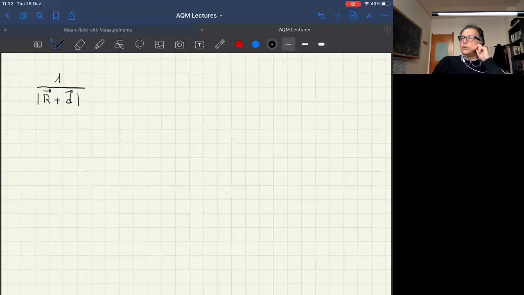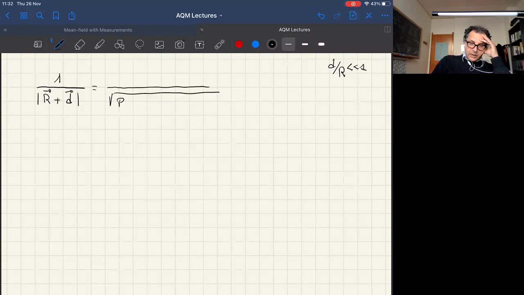And you want to see an expansion in D over R much smaller than 1, okay? This is the thing that you have to apply. So you just write this as the square root of R squared plus D squared plus 2D dot R, and you take out 1 over R outside.